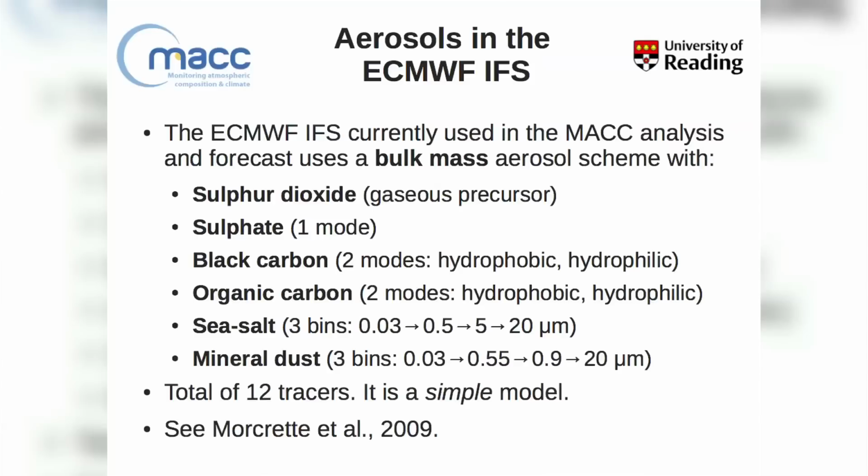And this choice is very much based on observation of the size distribution, aircraft observations or retrievals from remote sensing networks. So in total, you've got 12 tracers, so 12 conservation equations to solve, and it is very much a simple model. Even now in climate models, we use a more complex scheme, and we'll see one of those later.